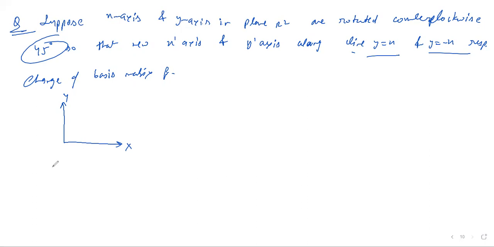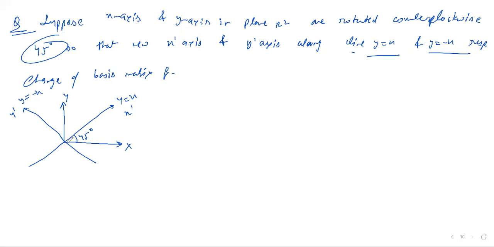Along these lines we have changed our axes, so this is my x dash axis and this is my y dash axis, making an angle of 45 degrees. We have moved this in the counterclockwise direction.